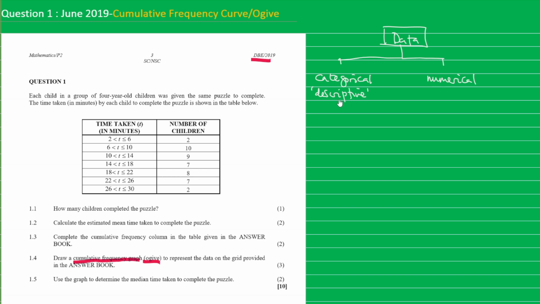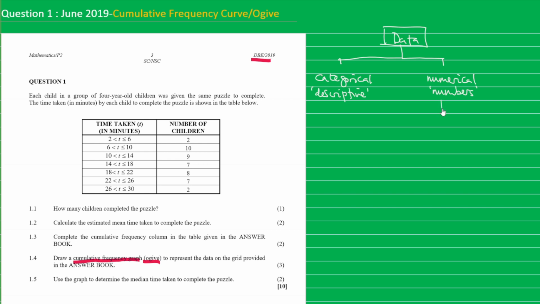Yes or no? That information is descriptive. And then there is some other data that is numerical, which means we use numbers. For example, how old are you? How many kilometers do you travel to a particular point, and so on. So there is numerical data.